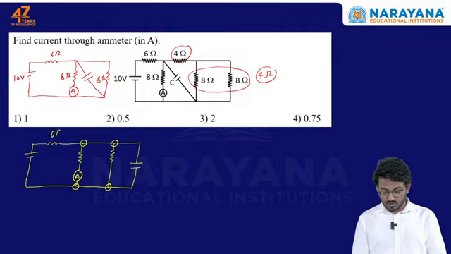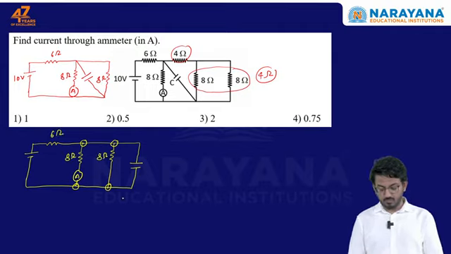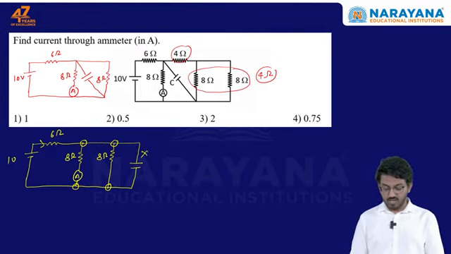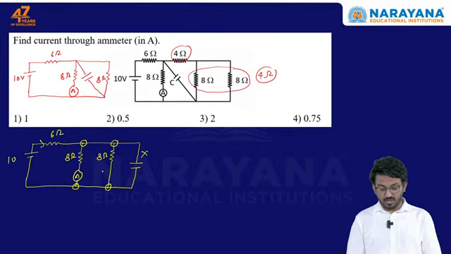Now 6 ohm, 8 ohm, 8 ohm. Now looking at this, overall this is 10 volt. There is no current in this branch because the capacitor is fully charged. So the current going through this is going to be 6 and 8 resultant, which is 4, so 6 plus 4.